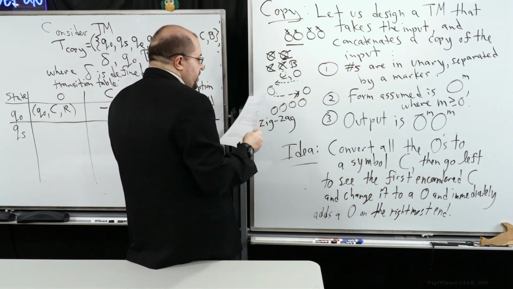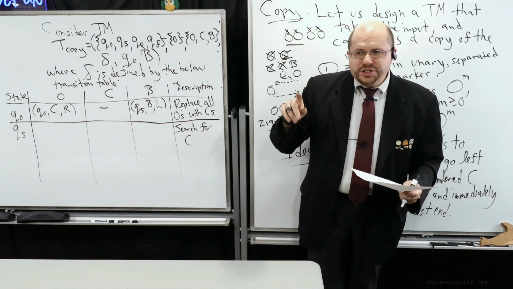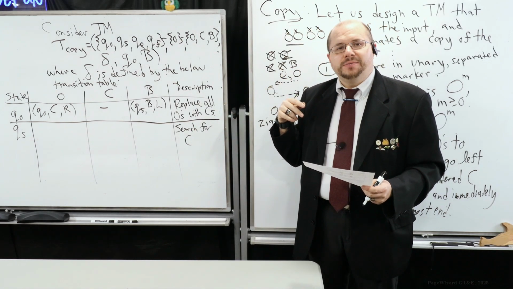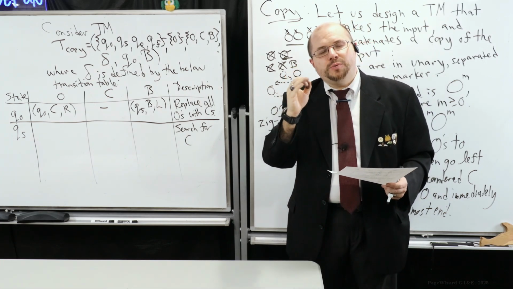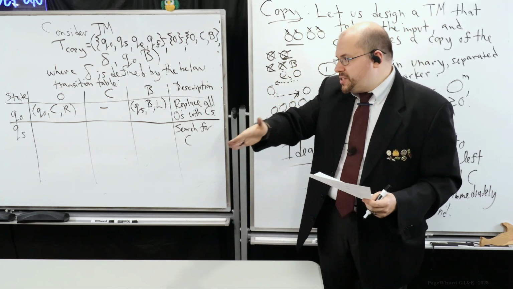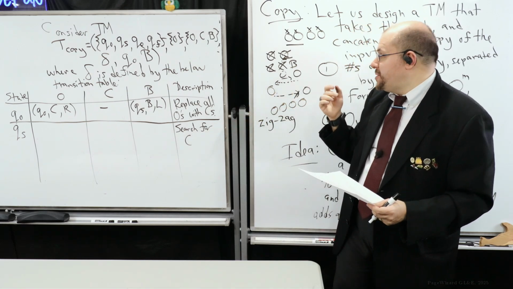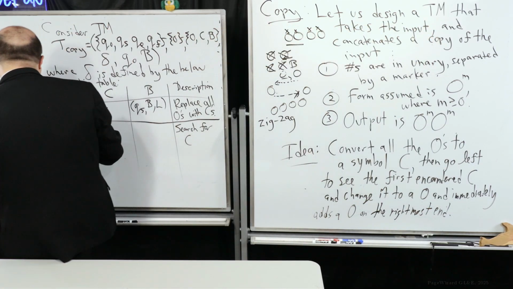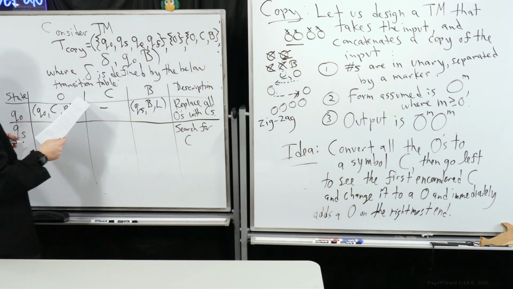Now, question. When do we finish this searching process? We do it when we hit a C, but what if there are no more C's? That's when we end the process, and it means we're done because we're done pairing them. That's what we said when we were playing around with our little example.